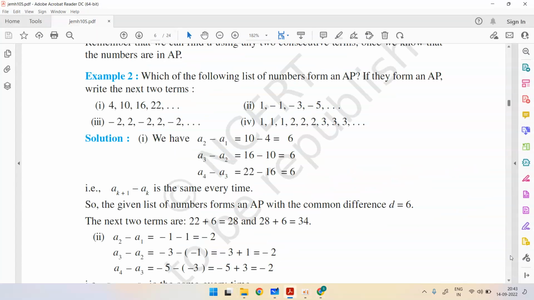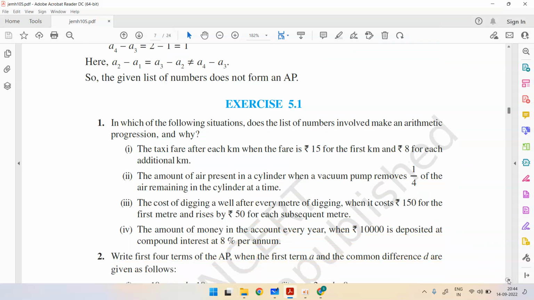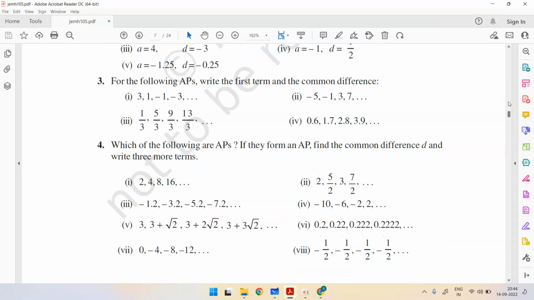Now moving to the next, exercise 5.1. There are many questions.